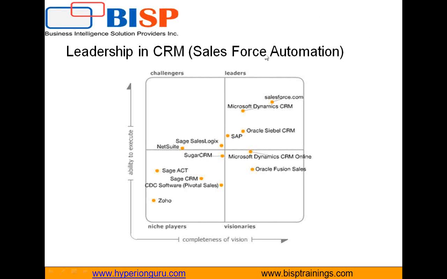Now first of all, what is sales force automation? A sales force automation application supports the automation of sales activity, processes and administrative responsibilities for B2B sales professionals. Core functionalities include account, contact and opportunity management.